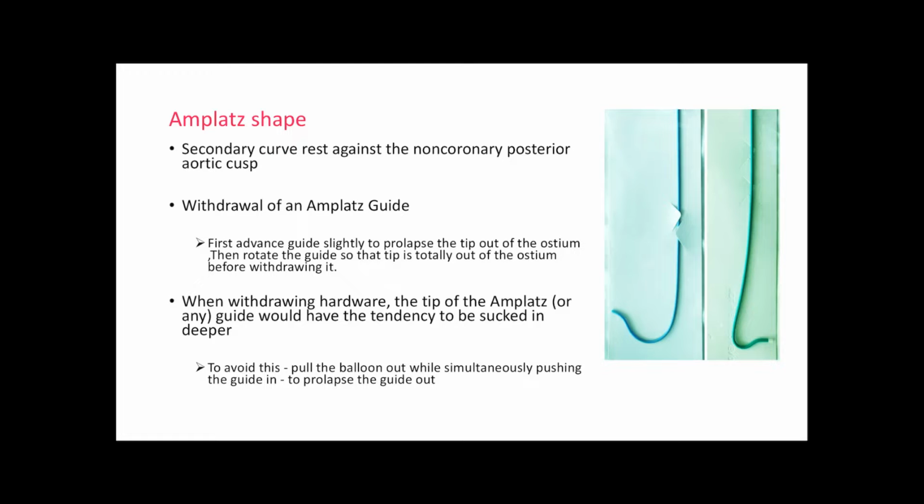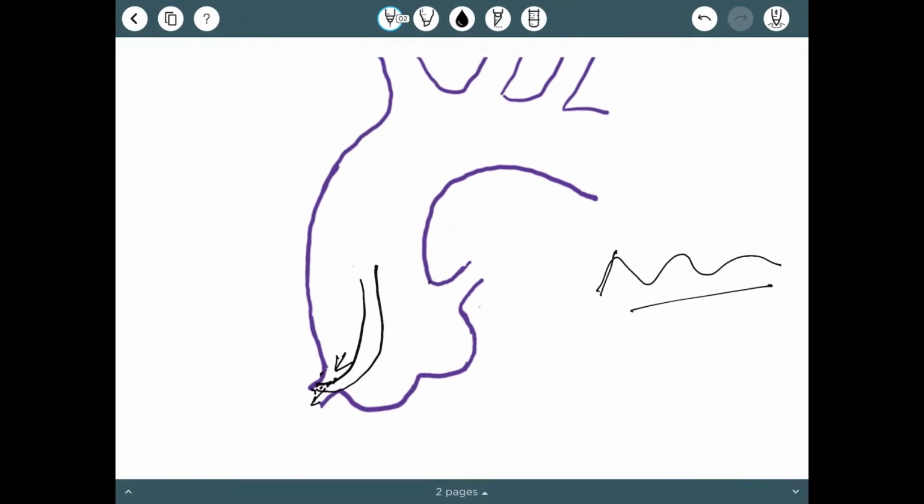Now coming to the Amplatz shape. It is meant in such a way that the secondary curve rests against the non-coronary aortic cusp. So this is the shape of the Amplatz catheter.